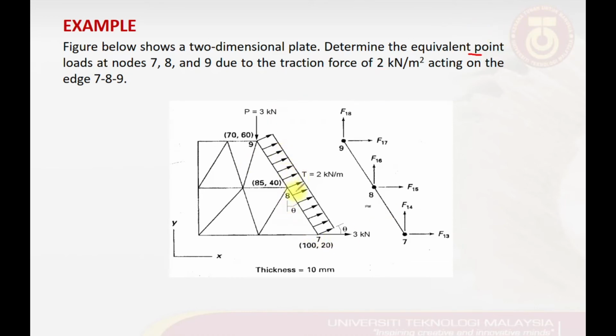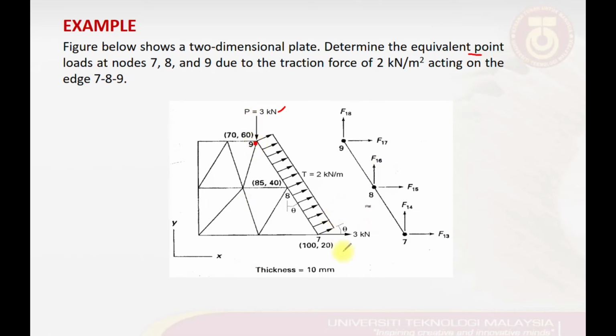Other than this traction force, we have another force which is in the form of a point load applied at node number 9 with a magnitude of 3 kilonewtons, applied vertically and pushing node number 9 downwards.